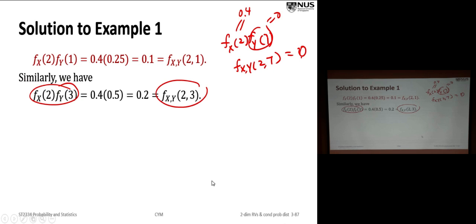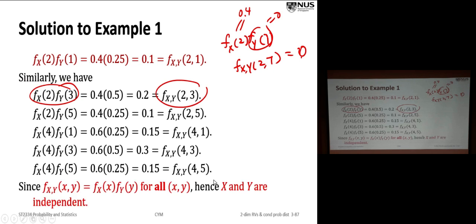So basically, my point is you just have to check all the x values for which the marginal f of x is bigger than 0. You don't worry about f of x equal to 0.